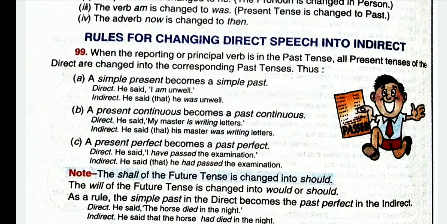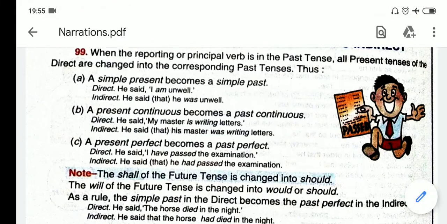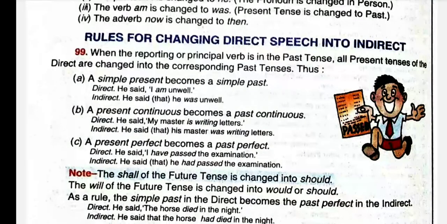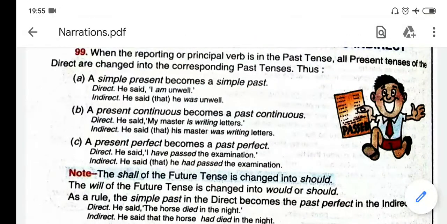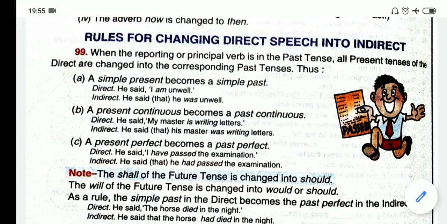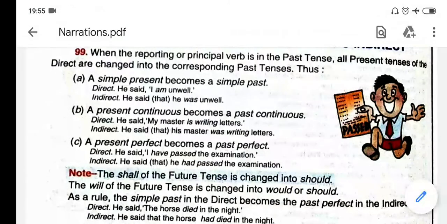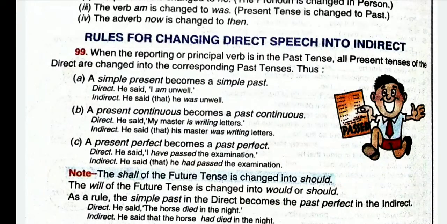You know that speech in the inverted commas is called the reported speech. If the reported speech is in the present tense, it will become past; if it is in the present continuous tense, it will be converted into past continuous tense; and if the reported speech is in the present perfect tense, it will be converted into past perfect tense when we change them into indirect speech.